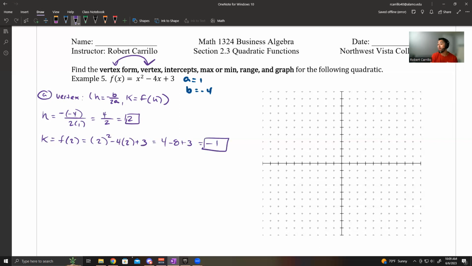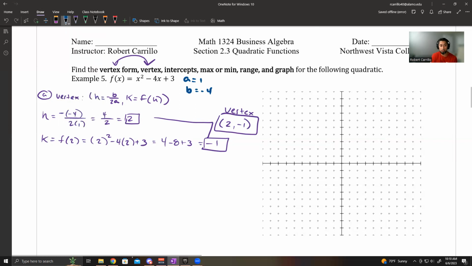There we go. And we have our vertex. Our vertex is now the coordinate 2, negative 1. Okay, which means we can now move on to the vertex form.